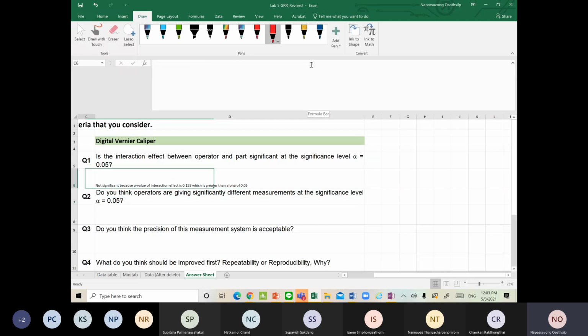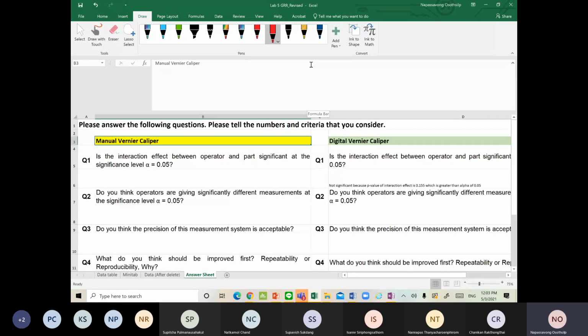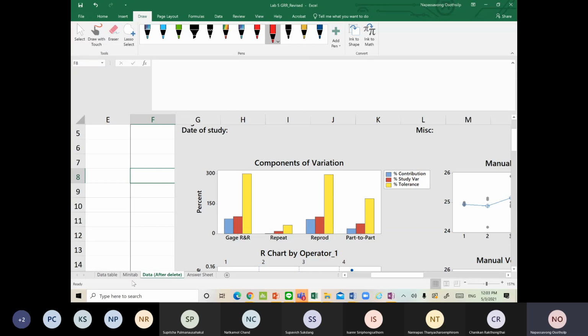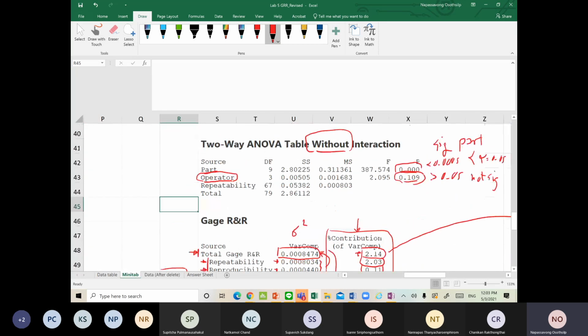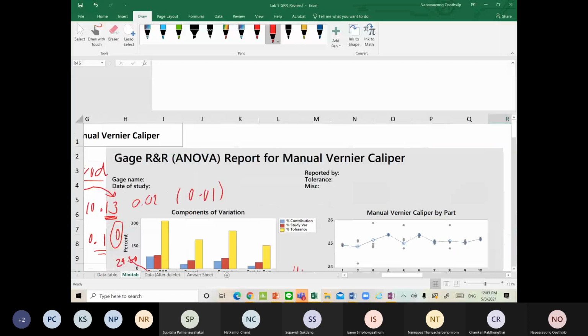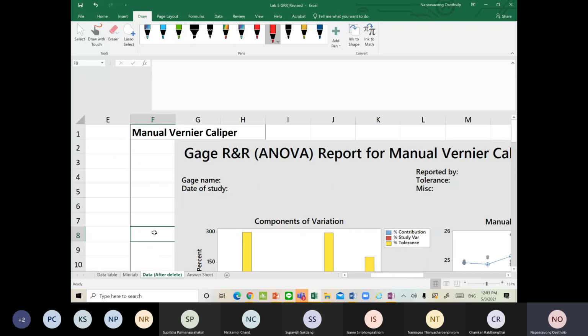So you will repeat this analysis with the manual vernier. But remember that you have to use the data in the worksheet after deletion. Because in the manual vernier, we have 2 points that are outliers, so we need to delete these 2 points, and then use the output from this worksheet for the manual vernier.